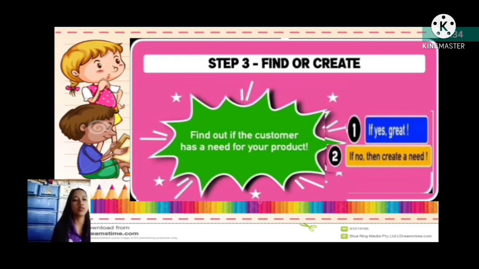When a customer does not need your product, you need to create a need for your product. You need to create a niche for your product in the consumer's life, and then pitch your product. This can only be done once you start asking a few questions about the frustrations, desires, or fears of a customer.